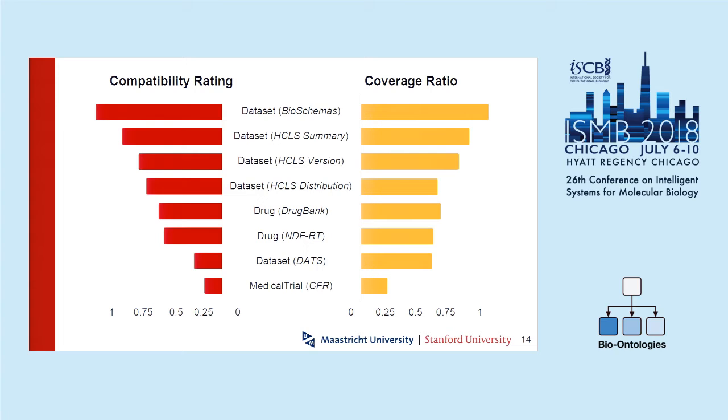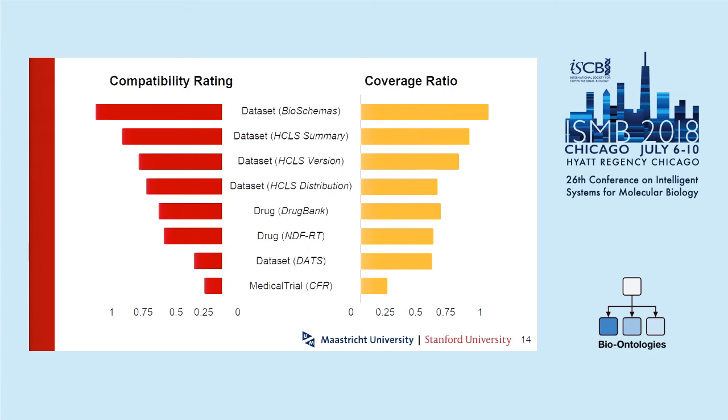This chart is the summary of our results. On the left-hand side, you have the compatibility rating, and on the right-hand side, you have the coverage ratio. The idea is the longer the bar, the better.